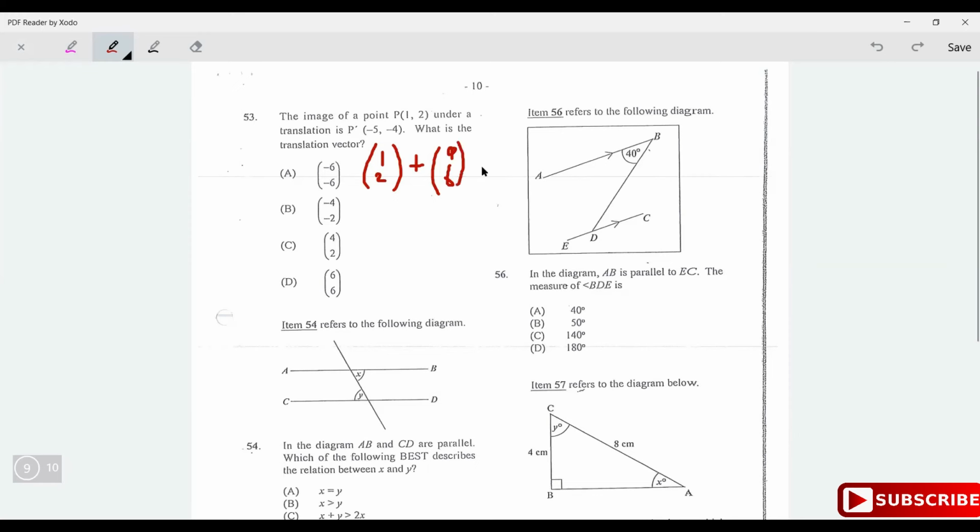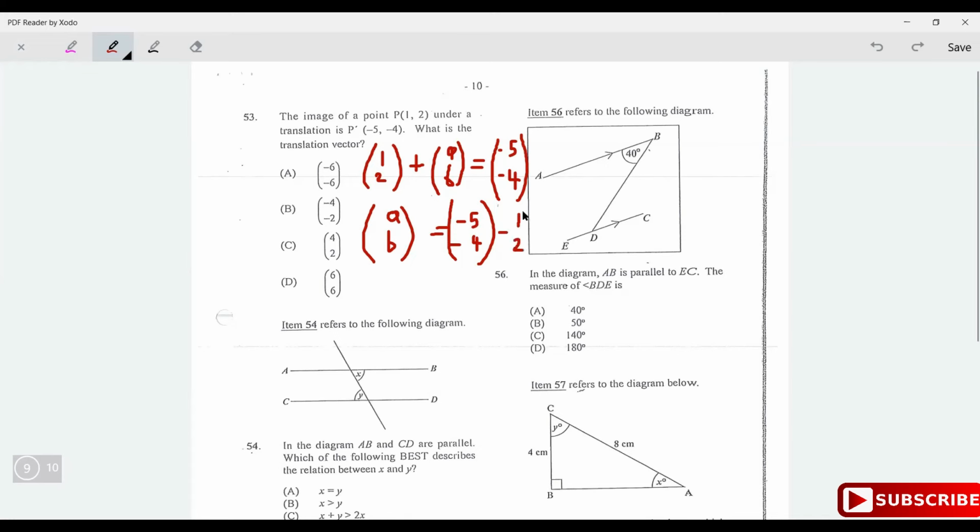And when you finish, do what it does. The new point P prime is -5, -4. And they want us to find this translation vector AB. All right. So to find what is AB, we carry over this right here. So we'd have that AB would be equal to -5, -4, and then we're going to subtract 1, 2.